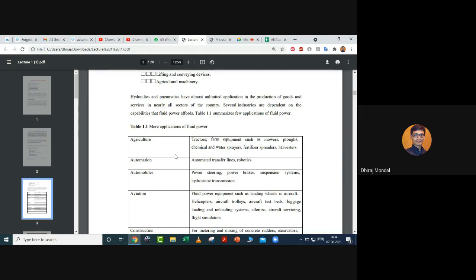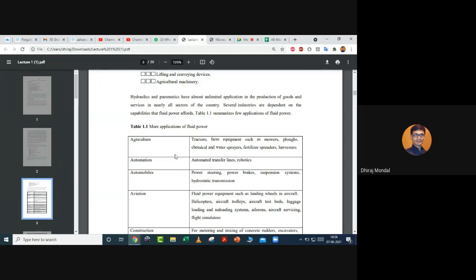Initially it was done manually, but right now you can see a lot of modern technology by the help of which the agriculture sector is developed. You will see lots of applications in future also, but right now there is only limited application because our country is a developing country.